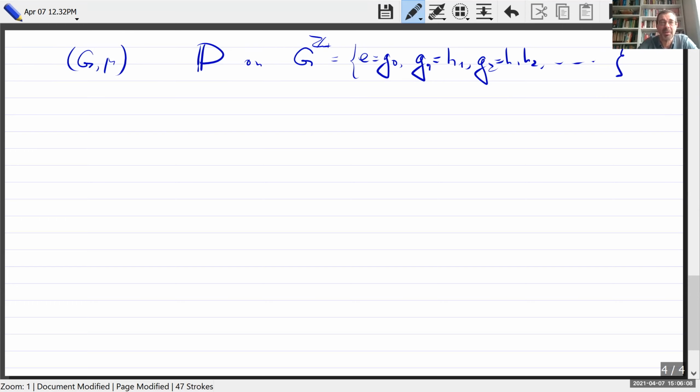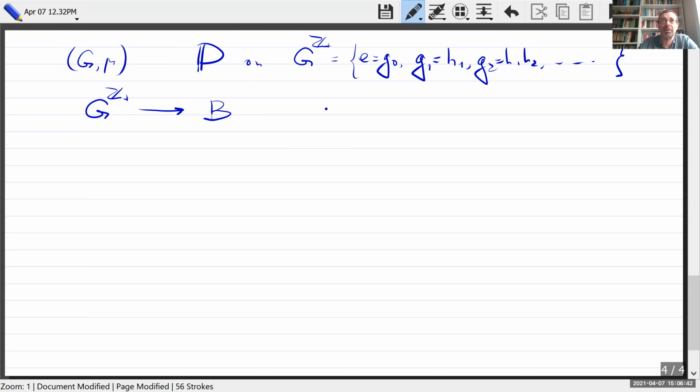by G. Okay, and now I will be looking at all the maps from the path space to another space, let's say B, with the following property. I want this map to behave like the boundary map that we had in the case of the free group.